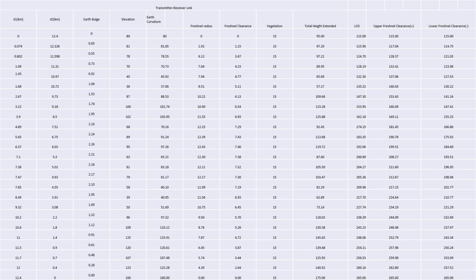In our case, we use 35 meters tower height, which ensures that our signal travels freely without hitting obstacles between Libon and Bato. And the formula used in the total height extended is earth curvature plus Fresnel clearance plus vegetation.